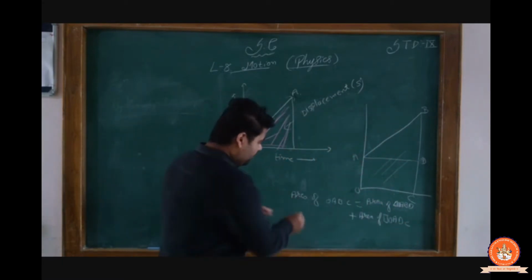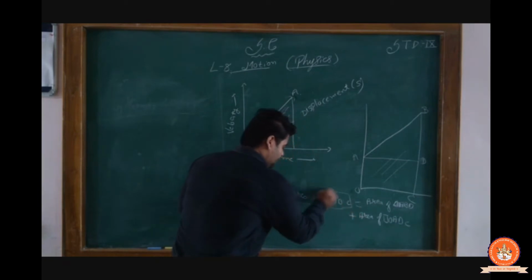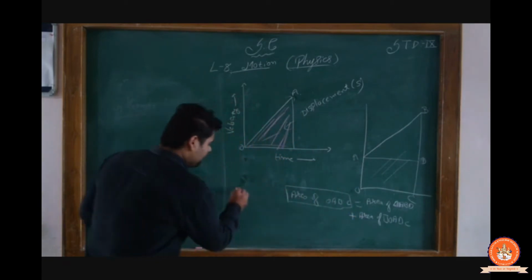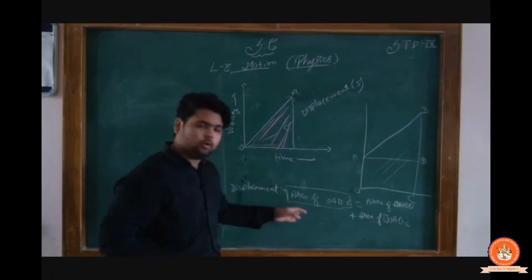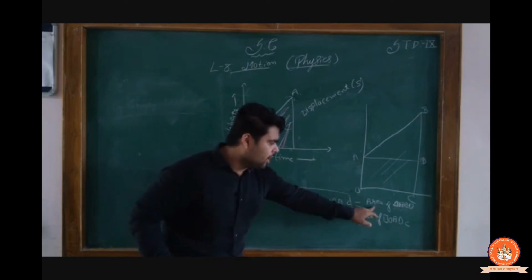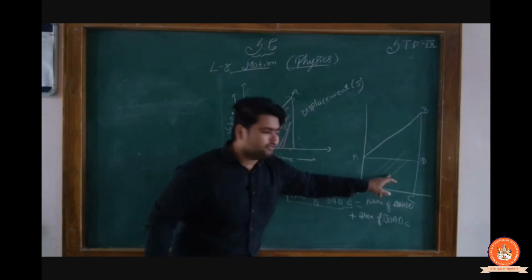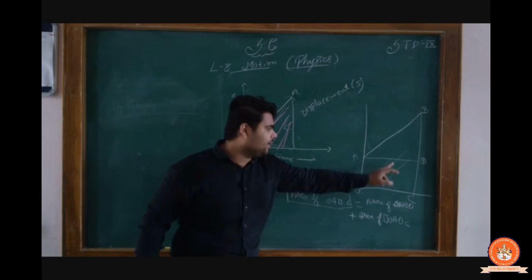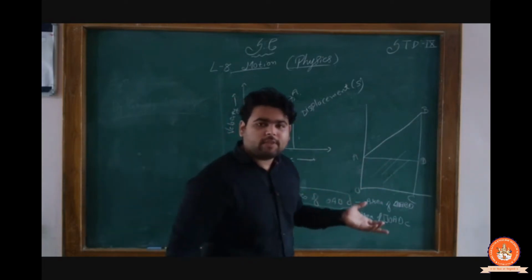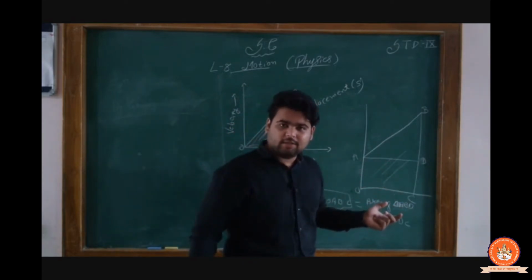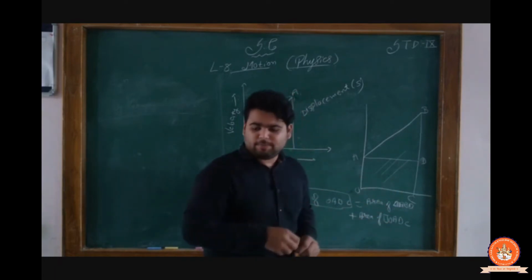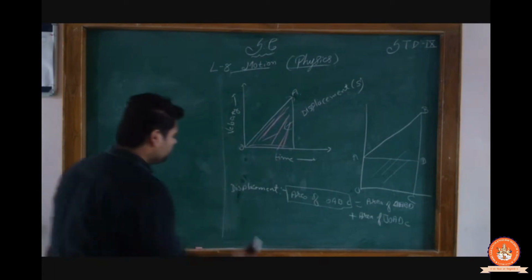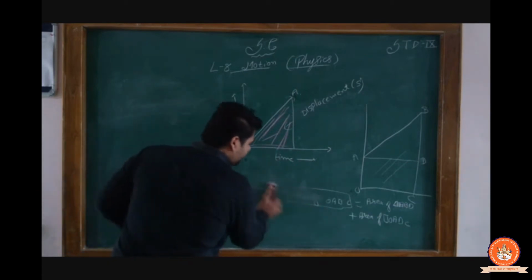We know very well that area means displacement. So displacement equals the area of the triangle plus the area of the rectangle. This means we can find the displacement from any acceleration graph. Whatever area is covered, that is our displacement. Okay, so let's go further.